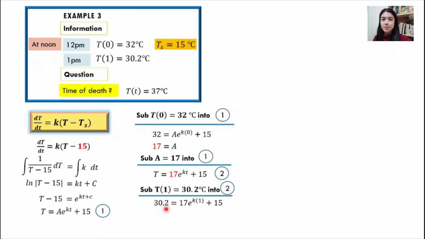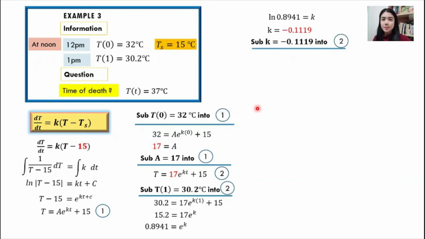So 30.2 minus 15 gives you 15.2, and 15.2 divided by 17 gives you 0.8941. Take ln of both sides, and you will have your value of k, that is negative 0.1119. Substitute your value of k into equation number 2, and this is what we have.